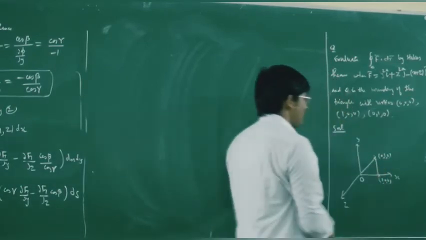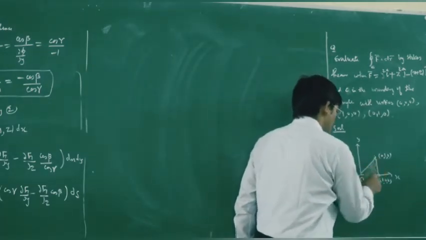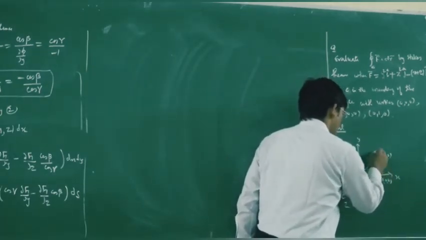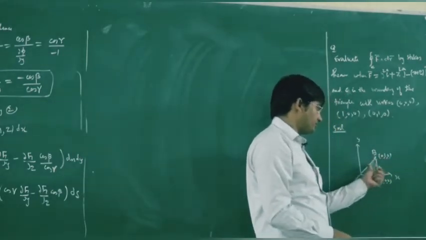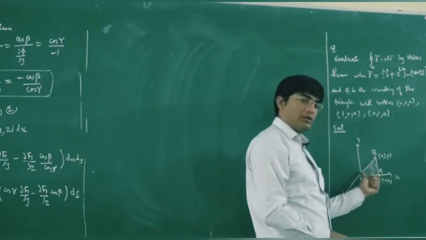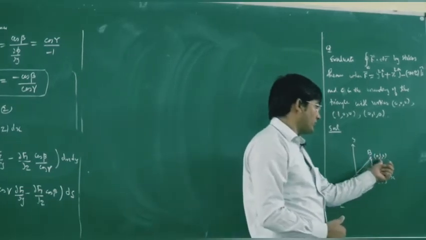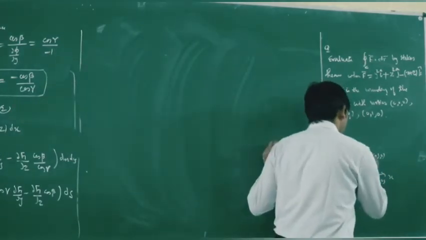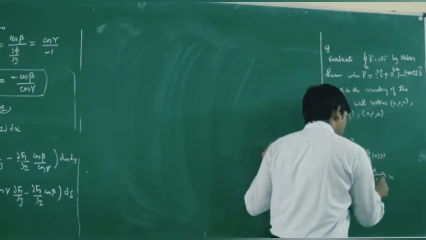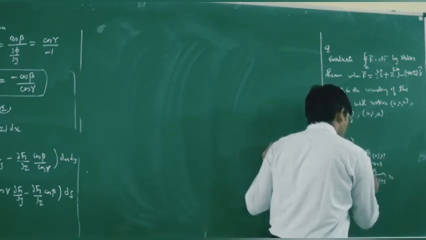So we have the triangle with these three vertices. Say this is your O, this is your A, this is your B. Now the equation of this line will be y equal to mx, where your gradient is equal to 1. So this will be your line y equal to x. For this line we have x equal to 1, and for this line we have y equal to 0.